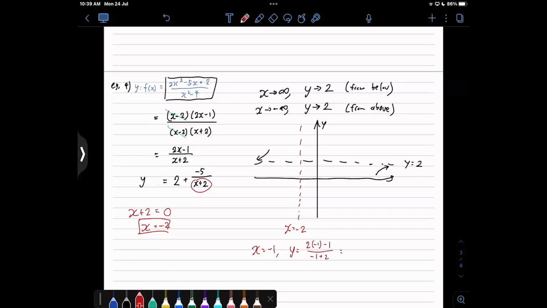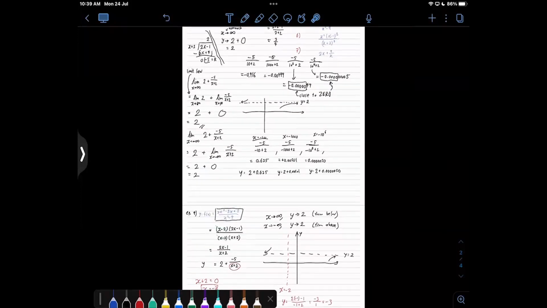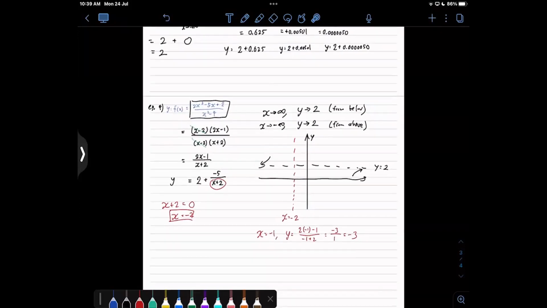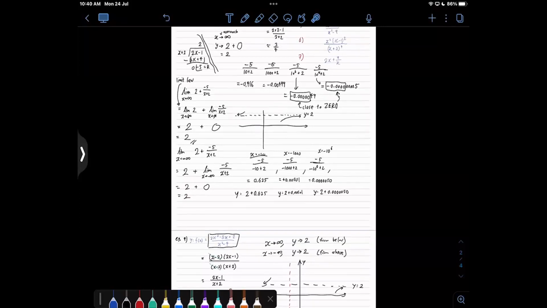This gives you -2 minus 1, which is -3. -1 plus 2 is +1. You get -3. Did I calculate it wrongly? Let me see. -3. Sorry, let me double check something.